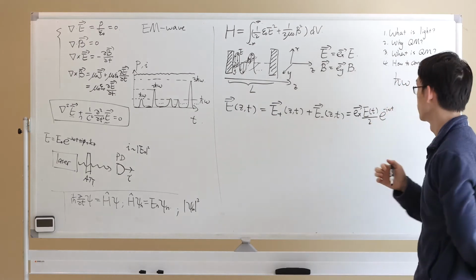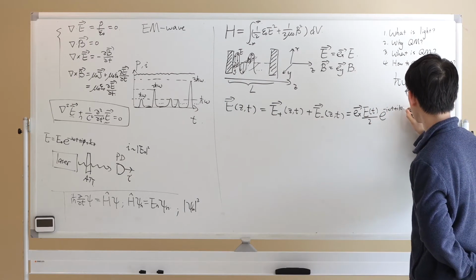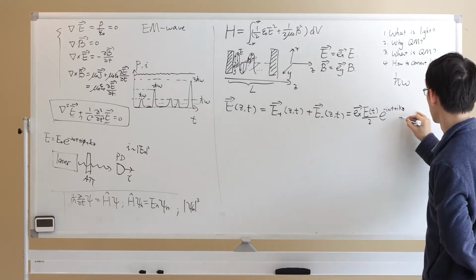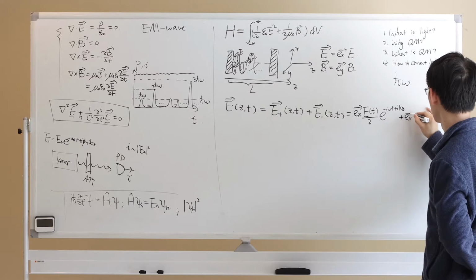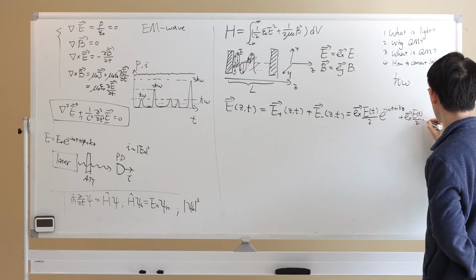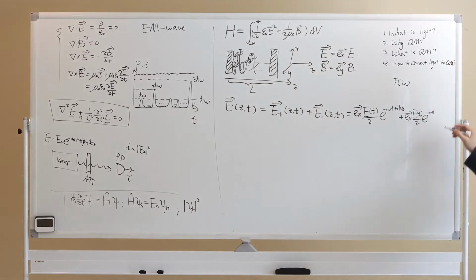You can just keep one. Let's say forward is e^{ikz}, and the backward is relatively simple: the same polarization, same amplitude, and same frequency, but with a backward k.